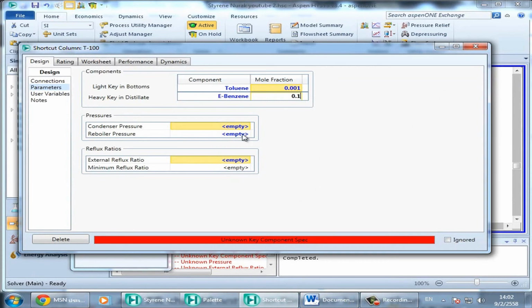Okay, and the pressure at the reboiler is what we input minus the 10 kilopascal loss. So what we get is 80. Okay, with the reflux ratio of 2, I use 1.5 times, so I approximate it to be 3.